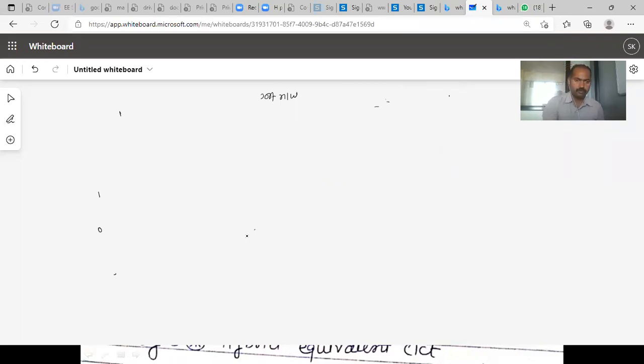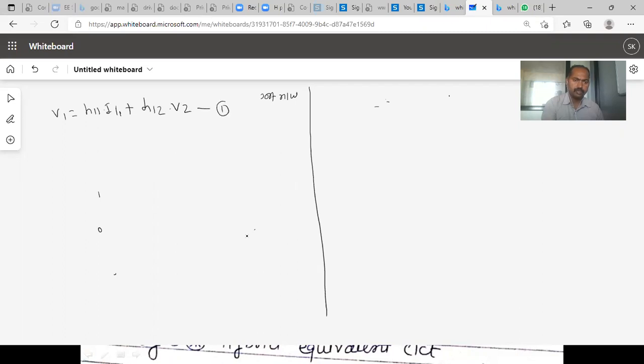See, we know that there are two equations with respect to the input port as well as the output port, right? So consider the two equations with respect to input port and output port. V1 is equal to H11 I1 plus H12 V2.